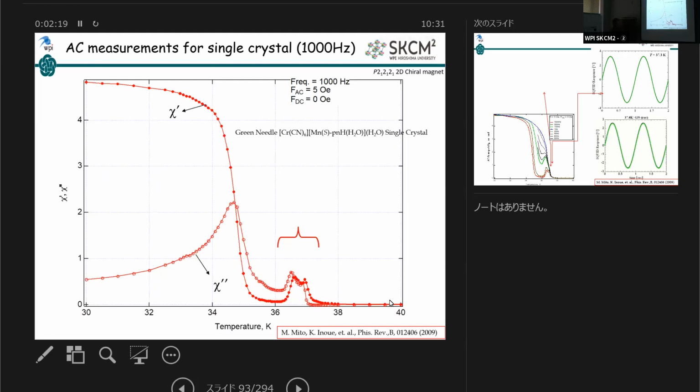This is the highest frequency, 1 kilohertz. We have something like antiferromagnetic ordering at 37 Kelvin, and ferromagnetic ordering at 35 Kelvin.